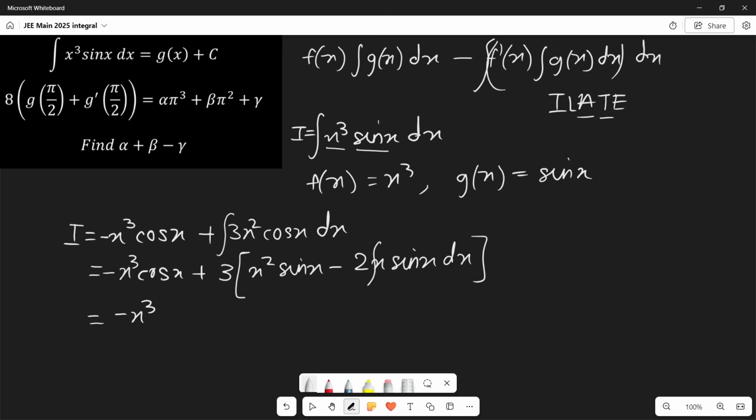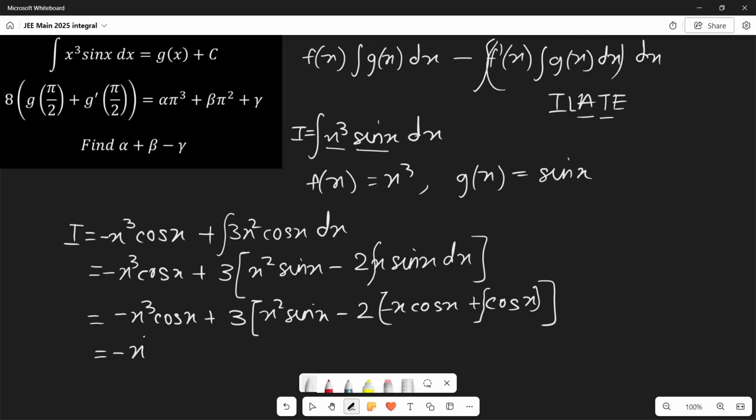In the next step, we have minus x cubed cos x plus 3, now this becomes x squared sin x minus 2 times, again first function into integration of the second, so minus cos x, minus derivative of the first into integration of the second, whole integration.